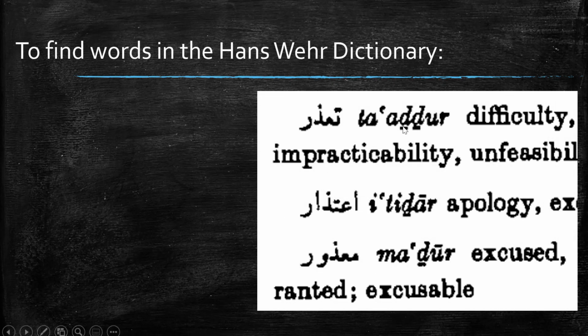Okay, so here's our next word, ta'adhur. So we see T-A, that means there's a fatha on the ta. We see the, I forget what this accent is called. What is it called? An apostrophe. Good. We see the apostrophe facing to the right, which represents the ayn, followed by an A. So there's a fatha on the ayn.